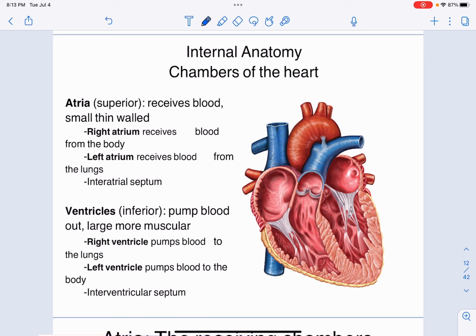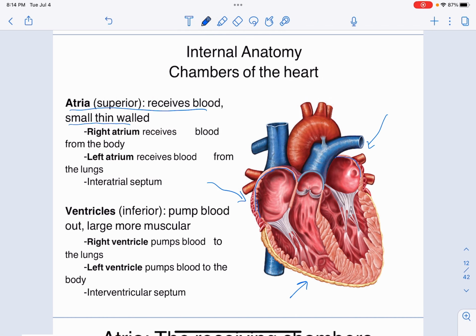All right, so again, the atria are on the top here. These are the two atria, and they're going to be receiving blood. And the atria have small, thinner walls compared to the ventricles. You can kind of see that. You can see the size of the wall here is much thinner in the atria compared to the ventricles.